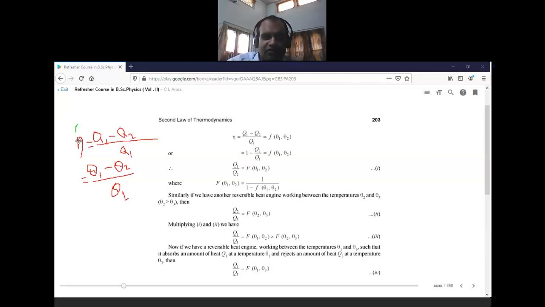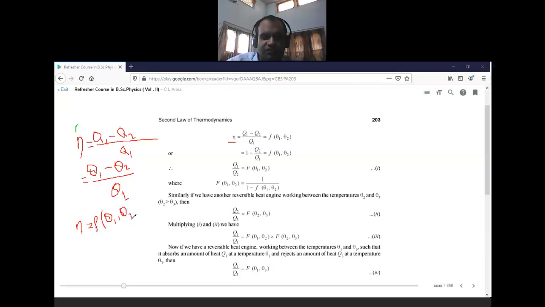And therefore this eta, the efficiency, is a function of theta 1 and theta 2. Instead of writing them in numbers, let us write that it is a function f of theta 1, theta 2.